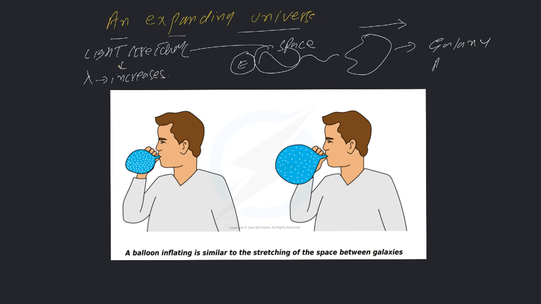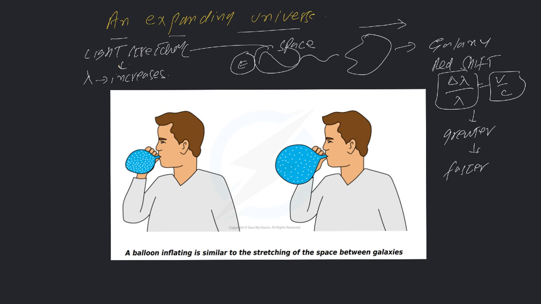If the redshift is greater, you know that delta lambda over lambda is v over c. So if you get this ratio greater, it means the recession speed of the galaxy is faster. It is moving at a faster rate away from the surface of the Earth. And you can see this from here.